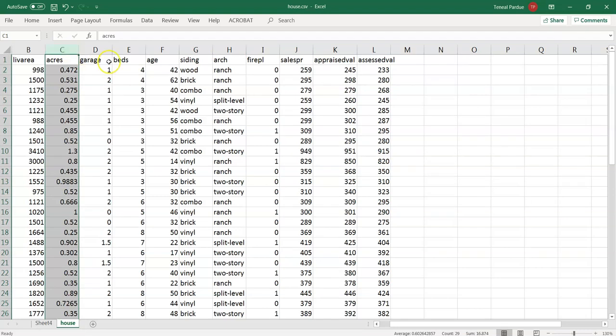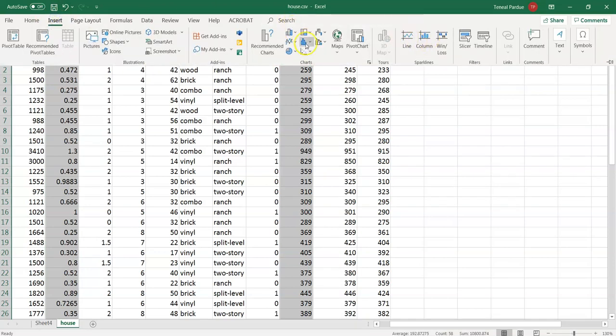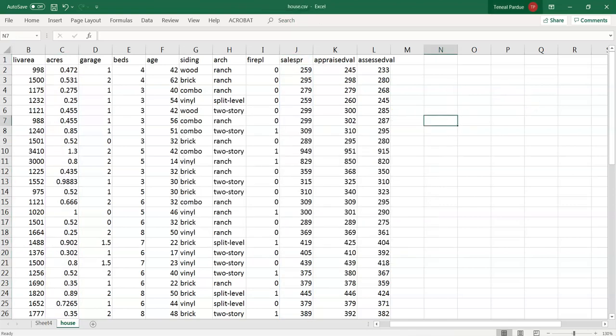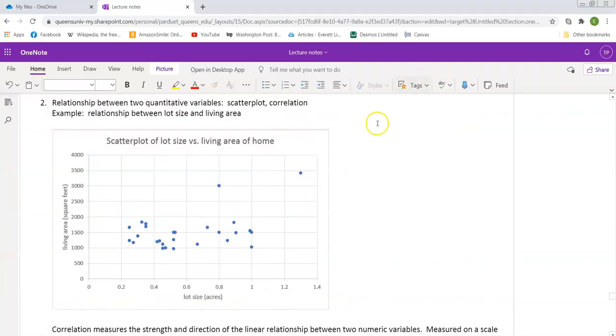So acres and then control-click on the sales price, and that'll let me do that scatter plot. And then you'd make sure that you added appropriate labels on your axes and on your chart.